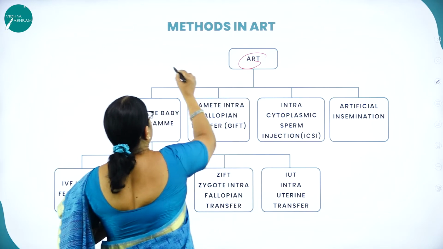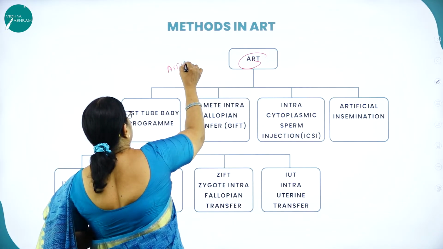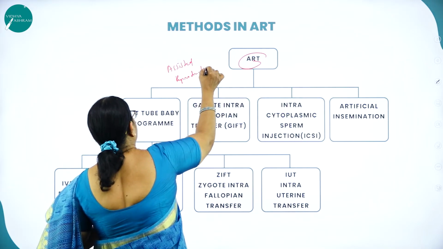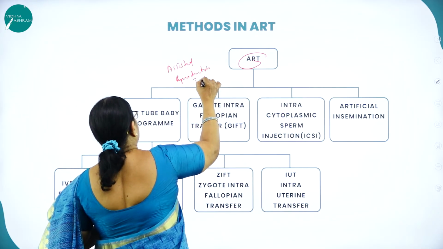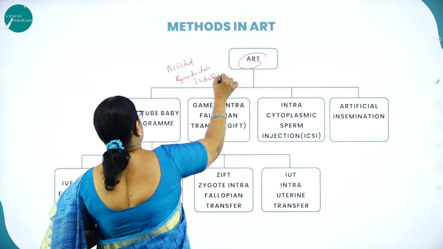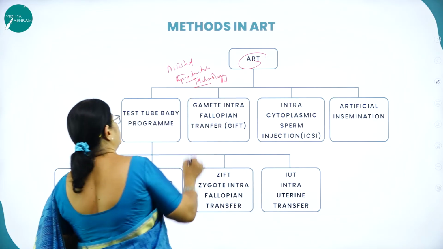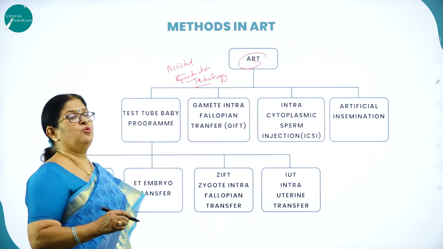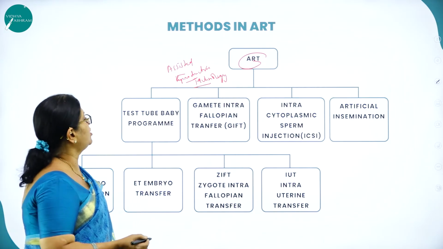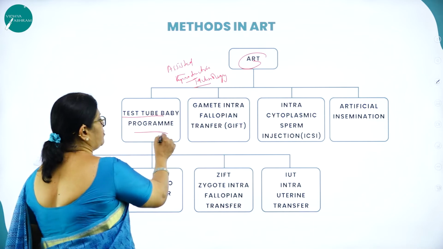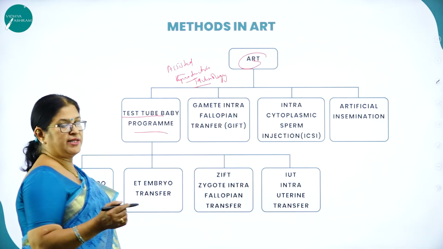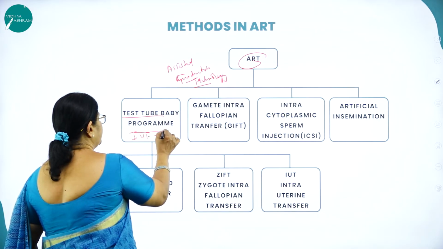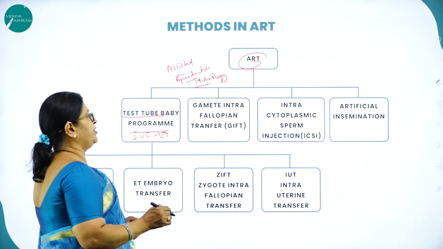Then ARTs, which I already discussed. What are ARTs? Assisted reproductive technologies, which come to the help of infertile couples who are unable to bear a child. So what are they? The test tube baby program, that is IVF-ET, in vitro fertilization and embryo transfer.